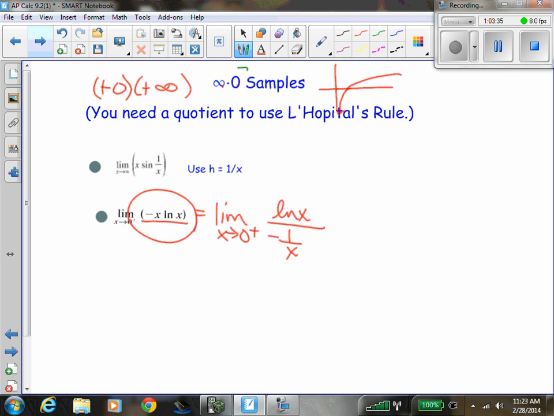It's an indeterminate form. So now we're going to take the derivatives. So we're doing the limit as x approaches 0 from the positive side. All right, derivative of natural log. All right, 1 over x. All right, now the derivative of negative 1 x to the negative 1, because that's what this is.